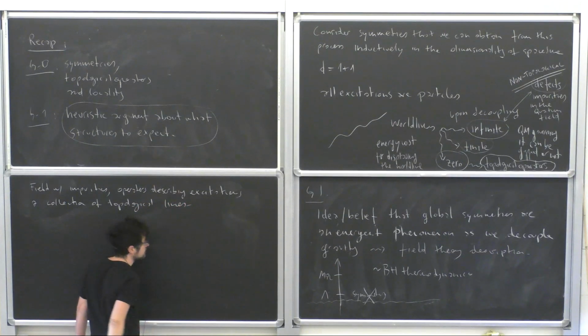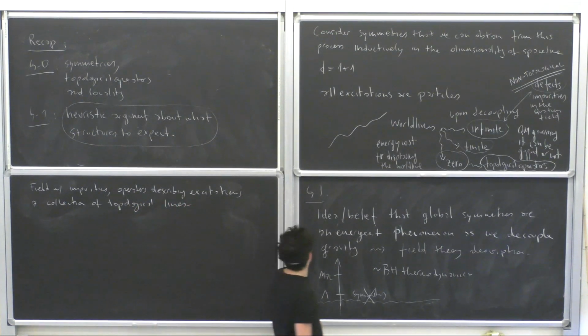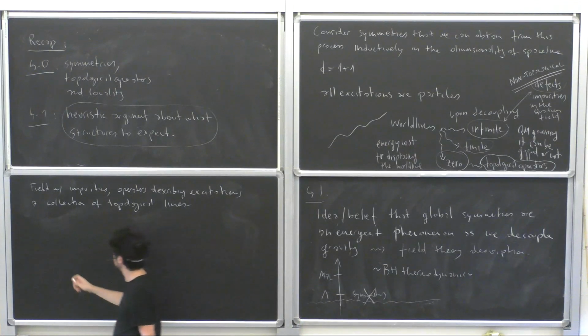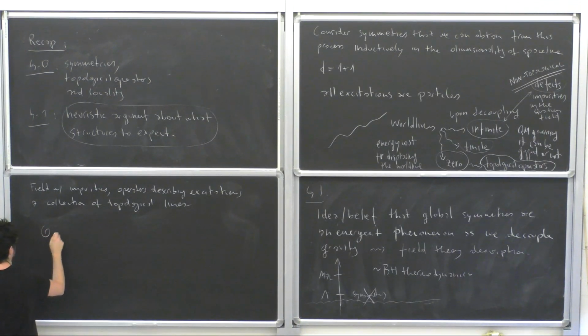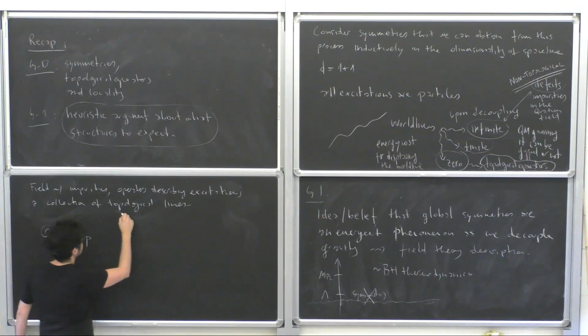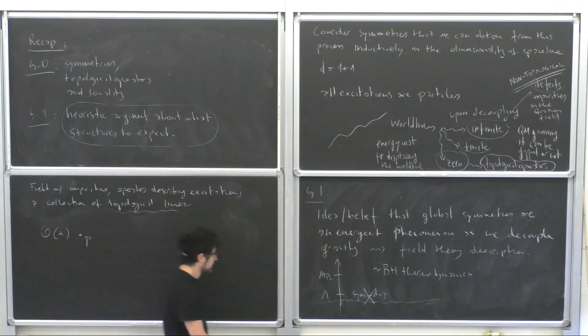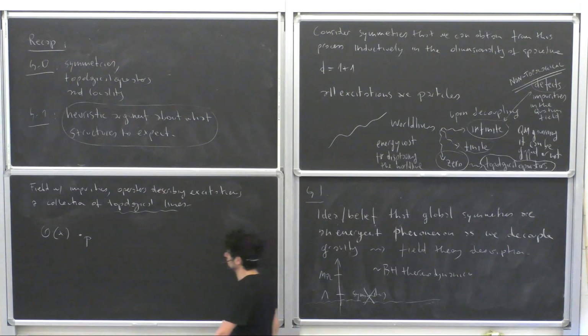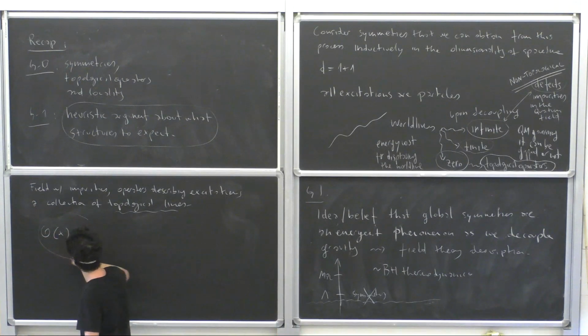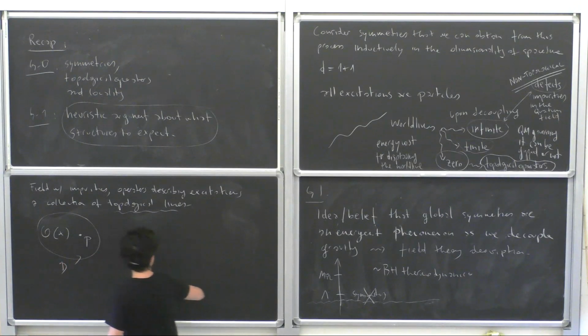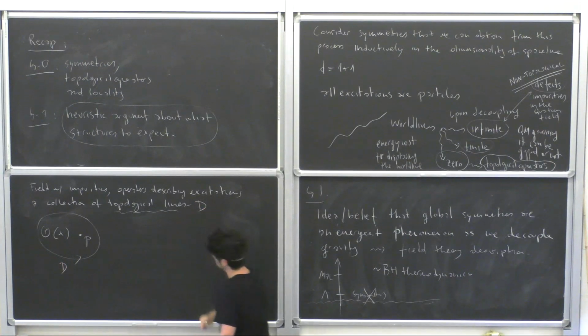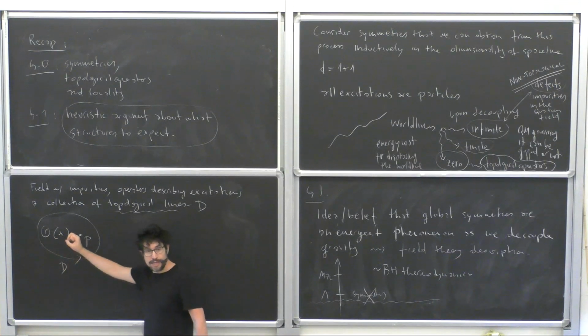So the operators, we insert them in space-time at a point, no? And if we have a topological line, we can consider surrounding this operator by our topological line. We will call them D, okay? In this way we induce an action of the topological line on the operator.